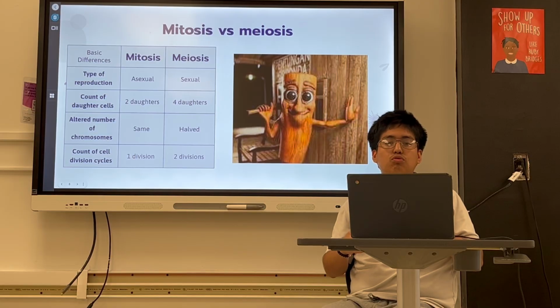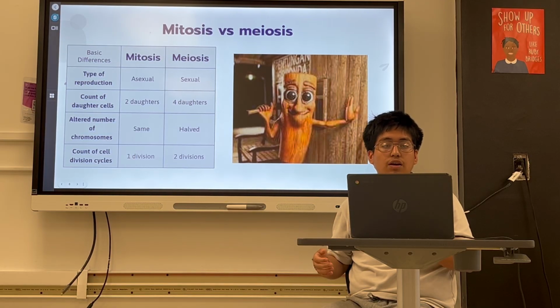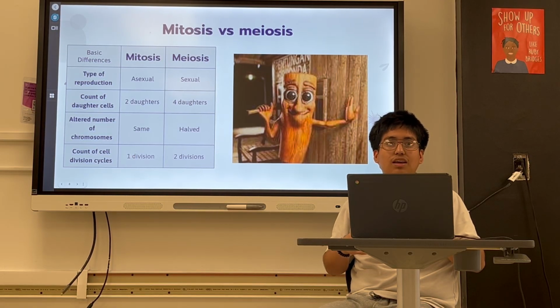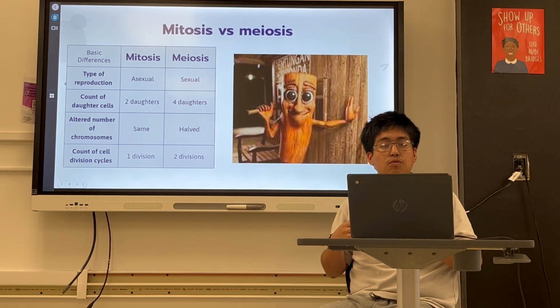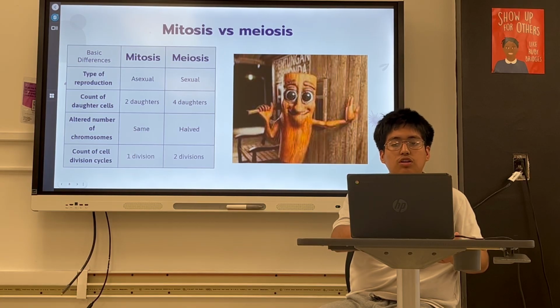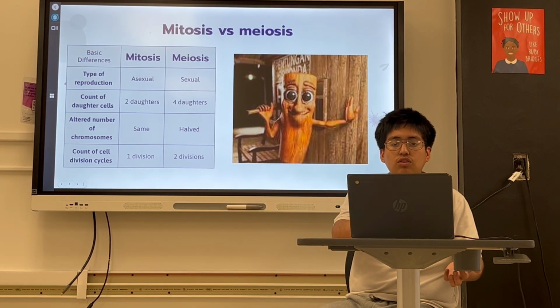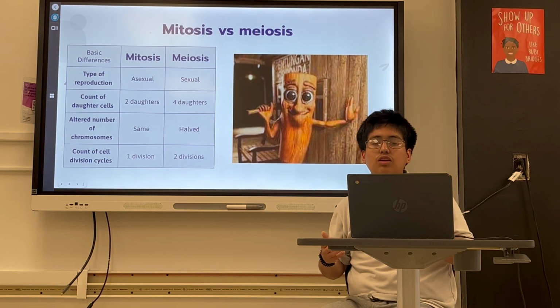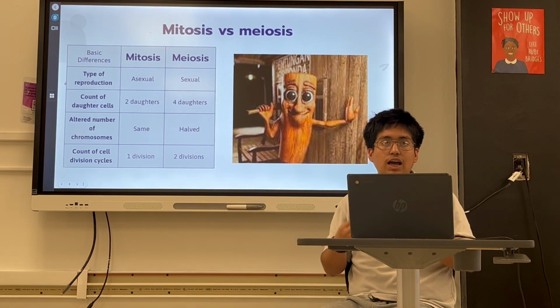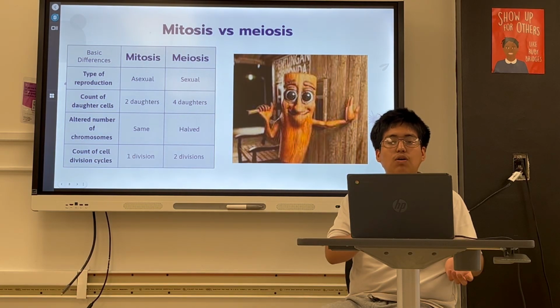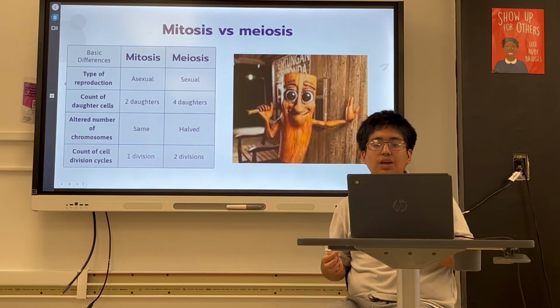Mitosis is used for growth, repair, and maintenance, making it an important factor for healing and tissue repair, while meiosis is used for sexual reproduction, important for genetic diversity and evolution of a species. Mitosis doesn't have crossing over because it doesn't make different things. It makes everything identical, while meiosis has crossing over and independent assortment.